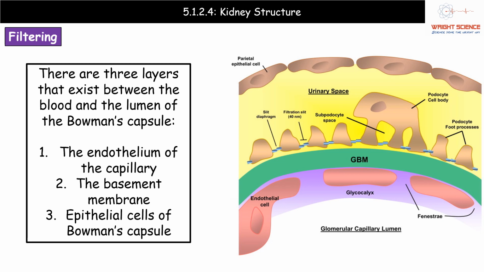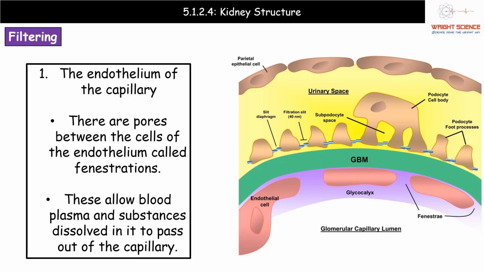So what we've got are our endothelial cells, and they've got these small little gaps between them called fenestrations. Then we move to our second layer, which is the basement membrane, which is the green band that runs across there. And then finally we come to the epithelial cells of the Bowman's capsule, which is on that yellow section there, and we can see them almost forming like a little chain together.